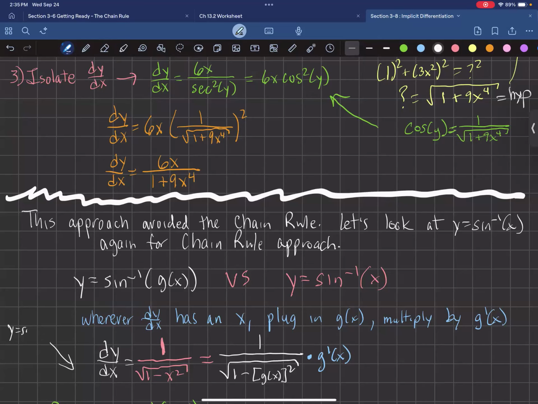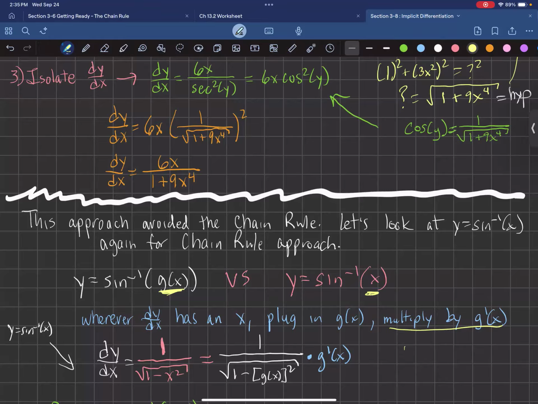Y equals sine inverse x led to dy/dx equals 1 over the square root of 1 minus x squared. Everywhere we see x, we're going to replace it with g of x. And then for the chain rule, we have to multiply by g prime of x.